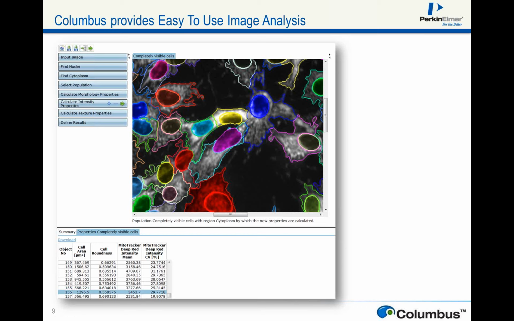For example, you can add a simple calculate morphology building block, calculate intensity building block, calculate texture building block. We just need to add these building blocks in sequence, and it will add all the attributes pertaining to those building blocks.